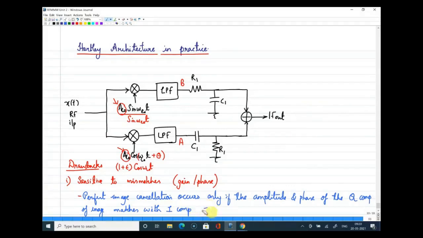So if the amplitude and phase of the I and Q components are the same, or if they match, then we can say that when we add the IF output, the images will be completely cancelled.